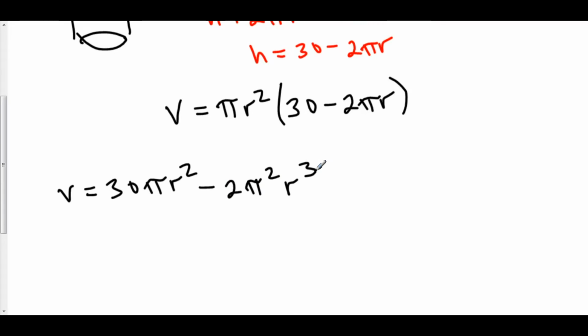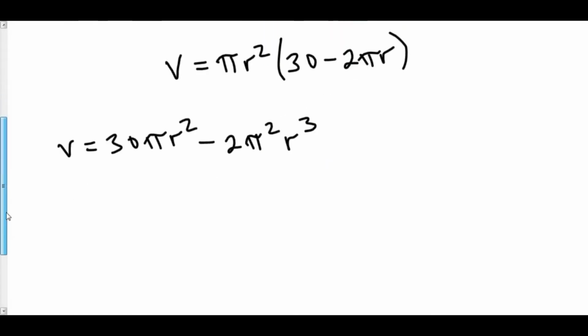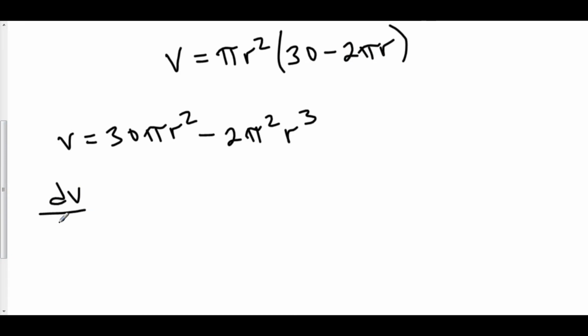Now, we need to take the derivative of v. So dv dr is equal to, the derivative of 30 pi r squared is 60 pi r. The derivative of negative 2 pi squared r cubed is negative 6 pi squared r squared.